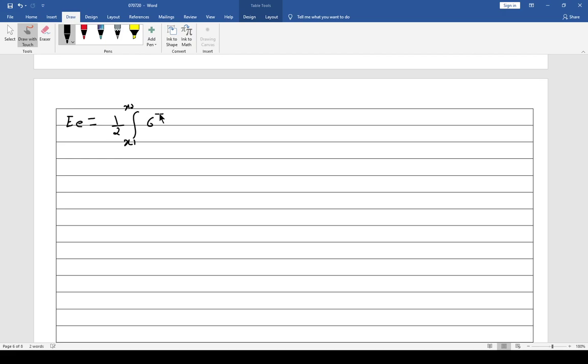Okay, so I just rewrite this again, so it will be in a better position to understand. Integral of sigma transpose epsilon A dx is equal to 1 by 2 integral from x1 to x2, sigma transpose will be EBQ.